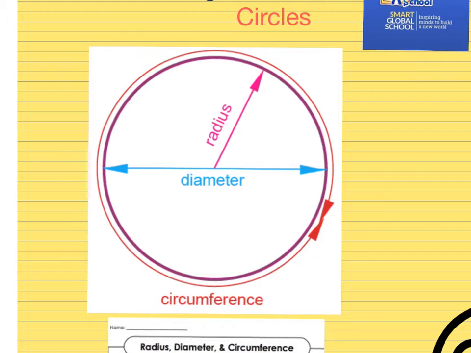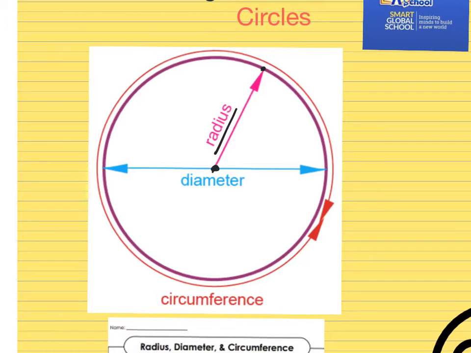Now, there are another two specific things we need to understand about circles. First of all, if we make a line exactly from the center of the circle, which is right here, and we connect this point with any other point in the circumference, we are tracing a radius.